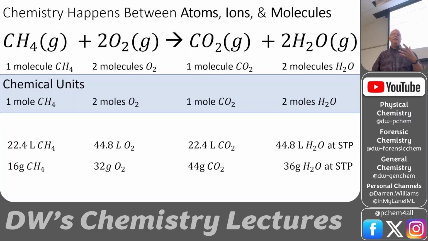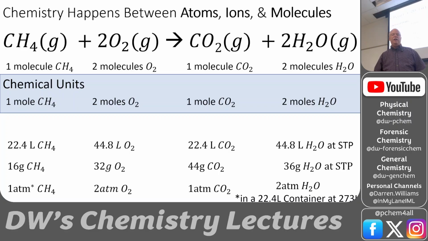If we were measuring these gases, there'd be 16 grams of methane and 32 grams of oxygen and so on. And then if we were measuring in a same container, like a 22.4 liter container at 273 Kelvin, the partial pressure of methane would be 1 atmosphere, the partial pressure of oxygen would be 2, and the CO2 would be 1, and the water would be 2.